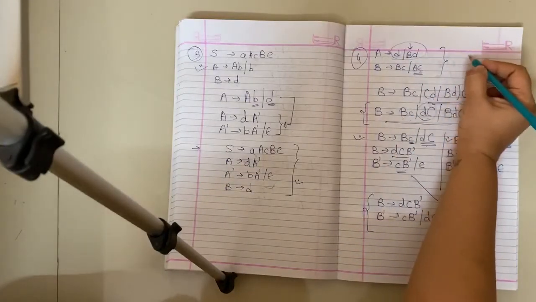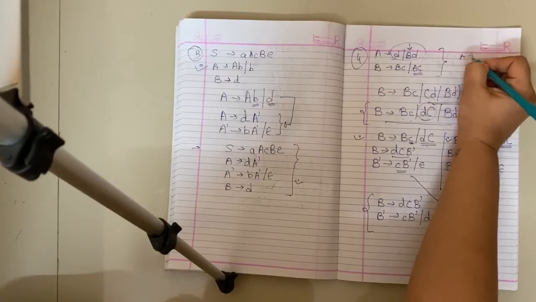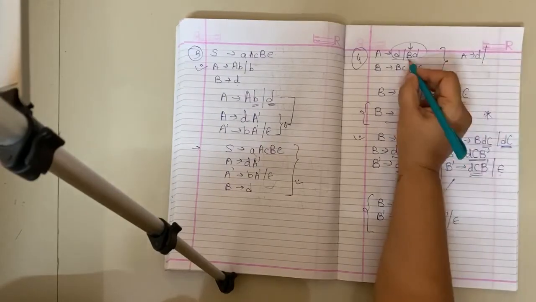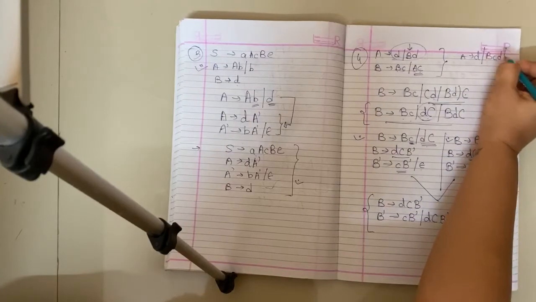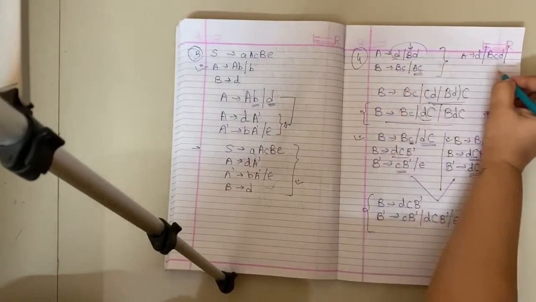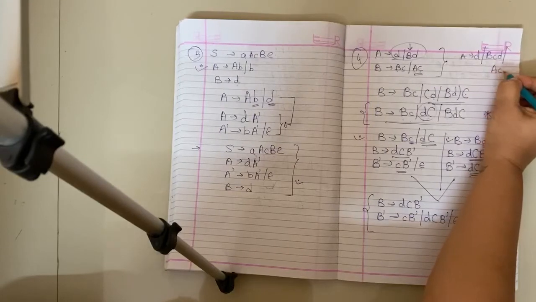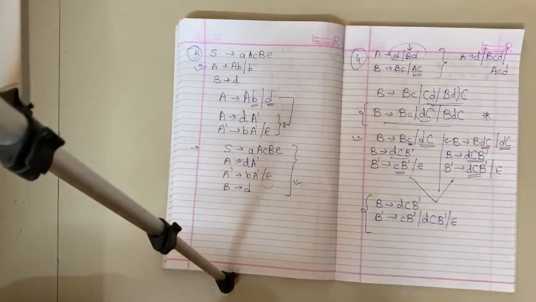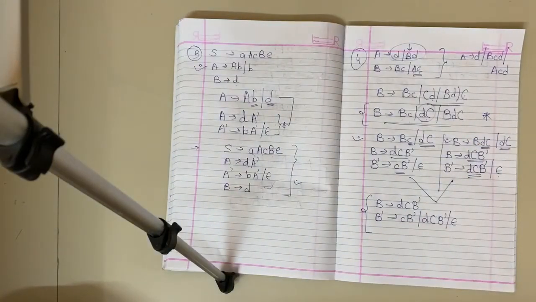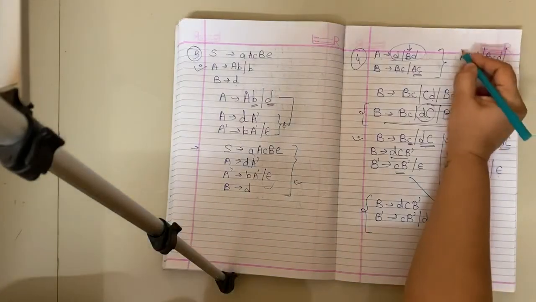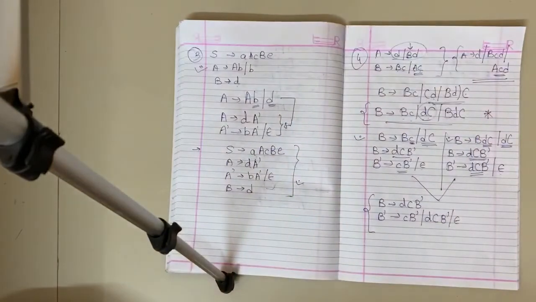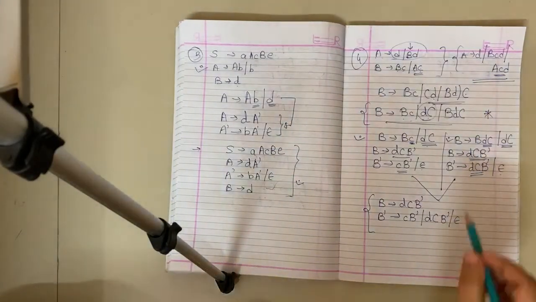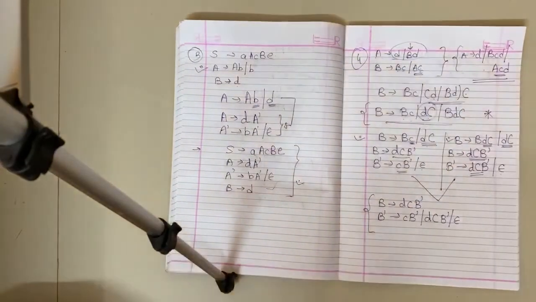In that case the rule would have been A derives D, or B is replaced by this, so it is BCD, or A is replaced, then it is ACD. So these three rules have been generated, and equivalent to this, you can eliminate left recursion out of this and rewrite the rule. So that is also going to be correct. Whether you do it this way or this way, your answer is always going to be considered right.